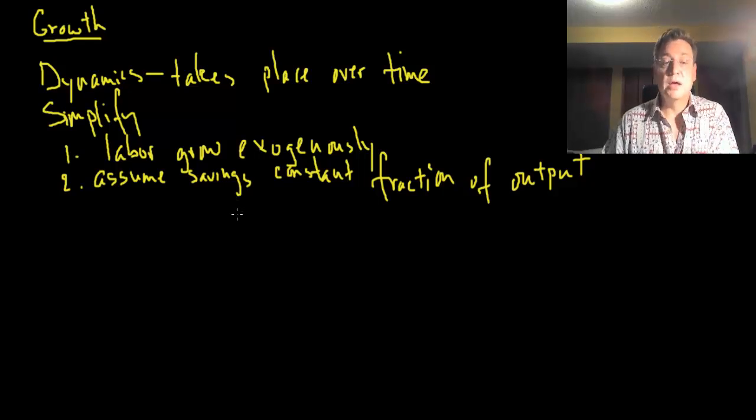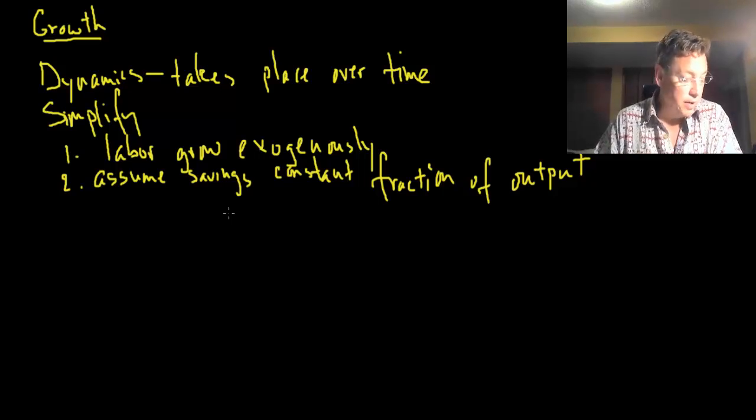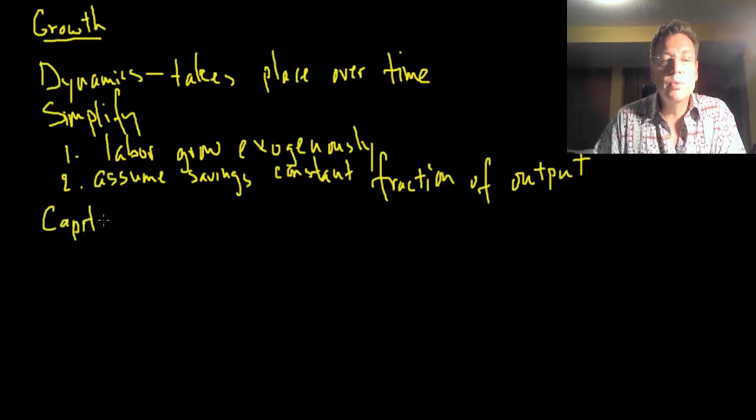Firms are not going to be making an optimal investment decision. We're just going to treat savings and investment as a parameter, the savings rate, and see what happens. So what we're going to end up with is we're going to have an equilibrium where capital grows over time.